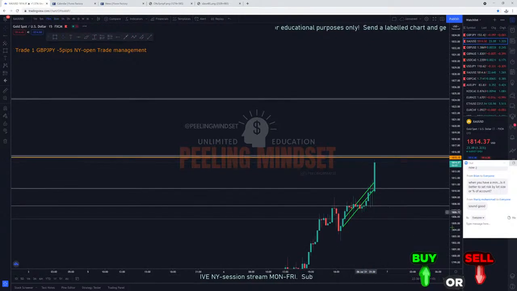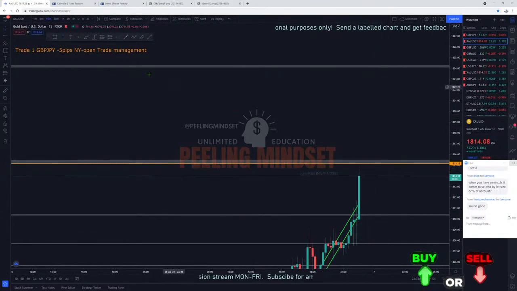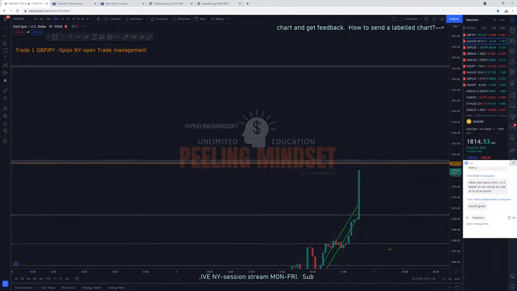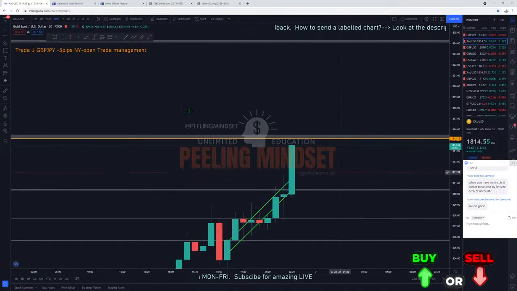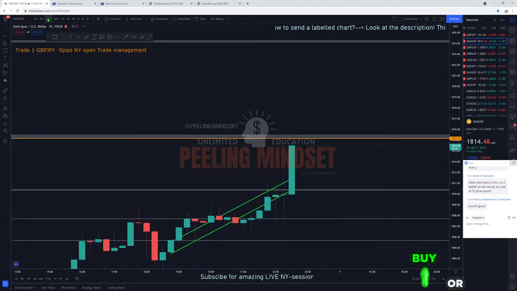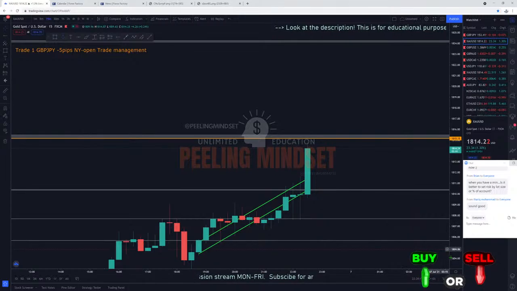Wowie. It's kind of interesting how gold moved all the way up. Didn't focus on gold a lot today. Obviously focused on pound yen, and it resulted in a trade management sort of day today. But gold was rewarding.